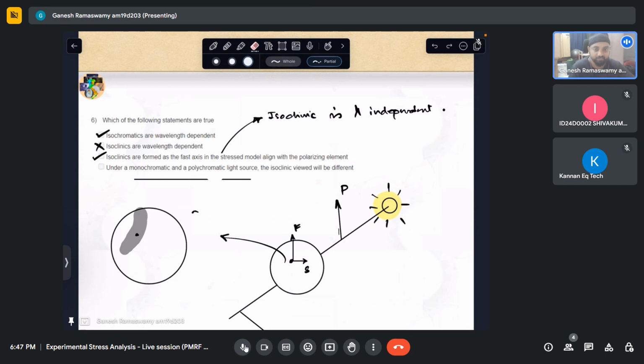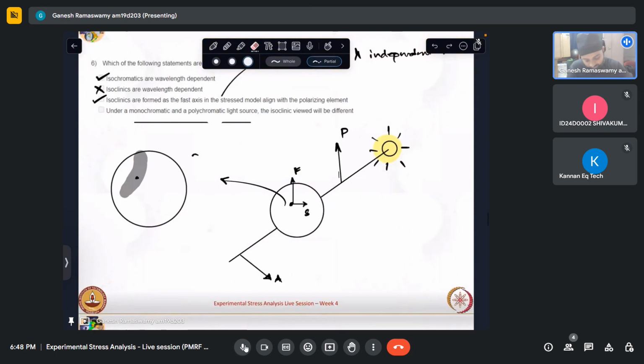On the other hand, if we want to move the isoclinics and not the isochromatics, what can we do? We can change this orientation. Let us say I rotated these two, analyzer and polarizer. Now at some other point, the fast and slow axis will be like this, where again the light will pass unaltered.